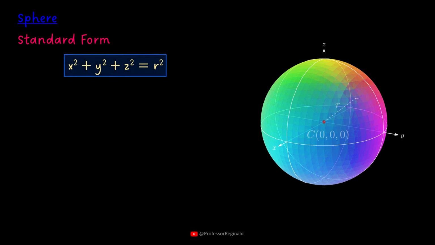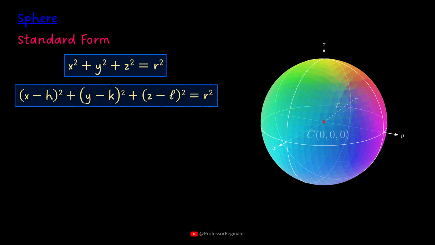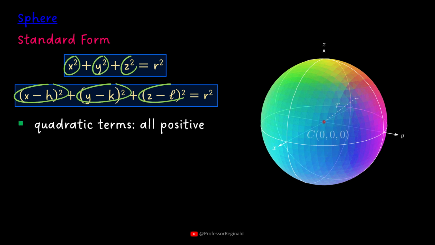If the sphere is centered at point (h, k, l), this is the standard form of the equation. When written in standard form, all quadratic terms on one side are positive, and the constant term on the other side is also positive.